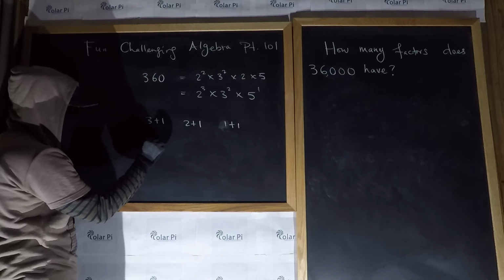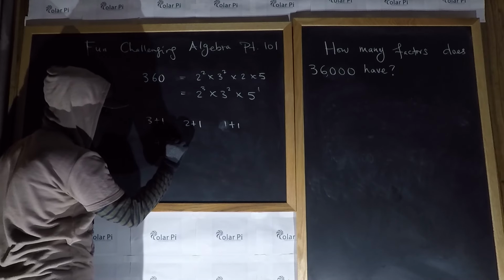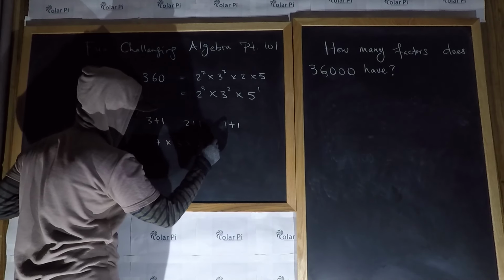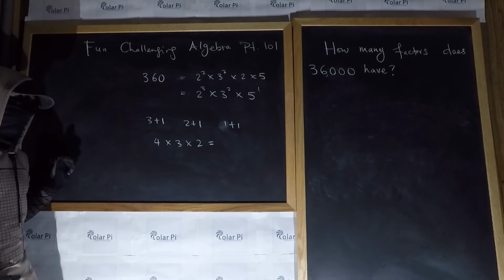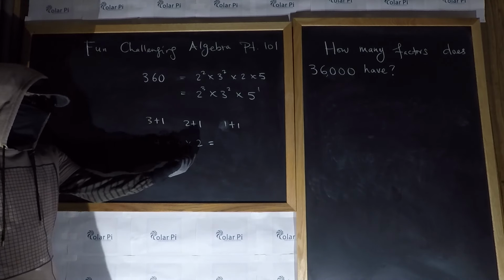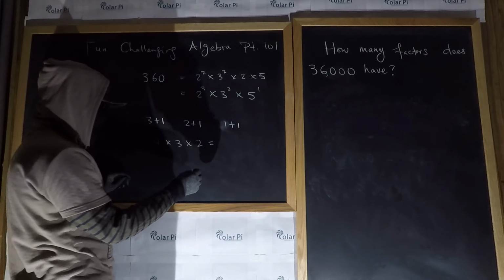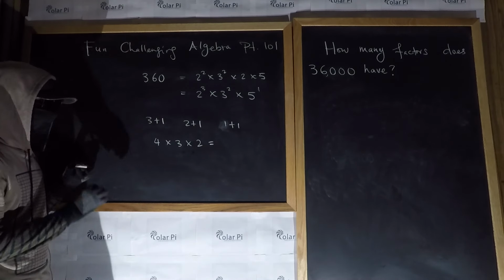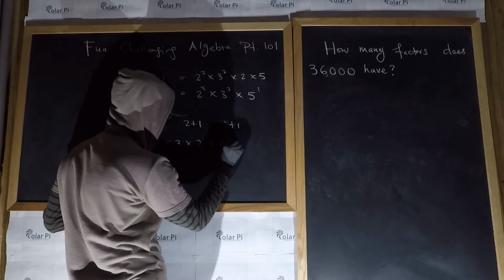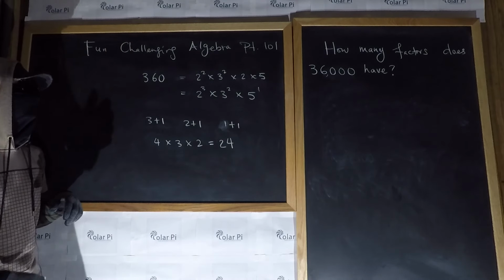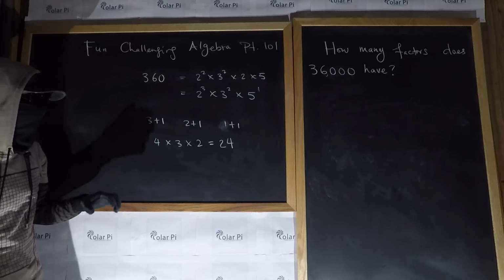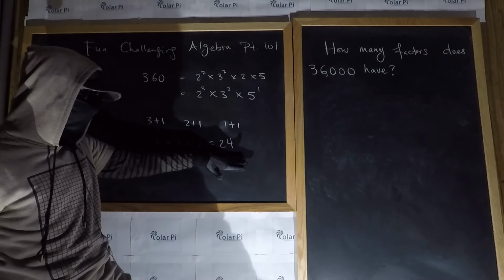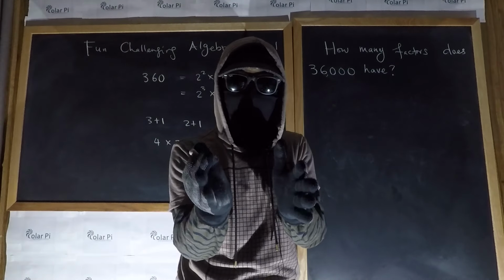So now this is 4 times 3 times 2. That's 4 times 6, which is 24. So supposedly 360 has 24 factors.